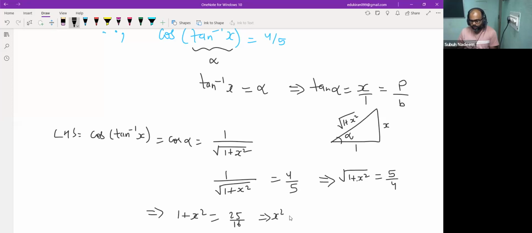So x square will be 25 by 16 minus 1. We will take LCM, it will become 9 by 16. So x will come out to be plus minus 3 by 4. So this will be the answer.